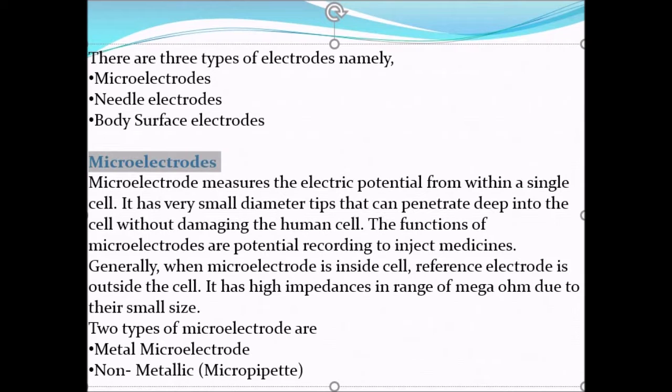There are two electrodes used: one is the main electrode and the other is the reference electrode. Usually the main electrode is placed inside the cell where the biopotential is to be determined, and the reference electrode is kept outside the cell.